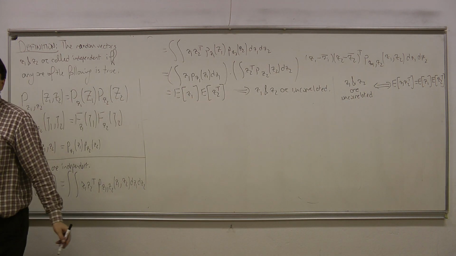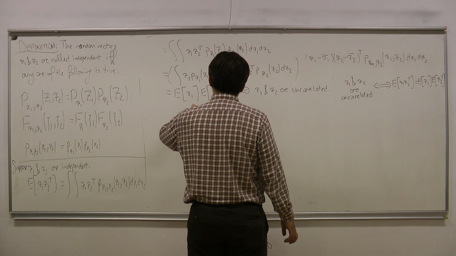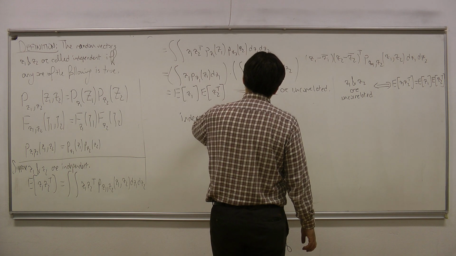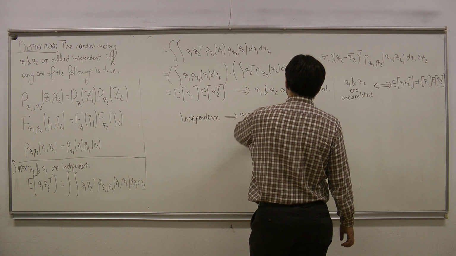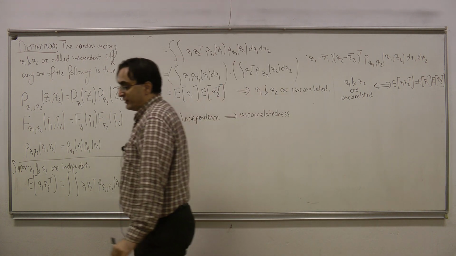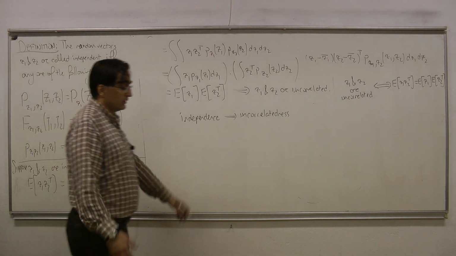So what does this mean? This means that in general, independence implies uncorrelatedness. So if two random vectors are independent, then they are surely uncorrelated.